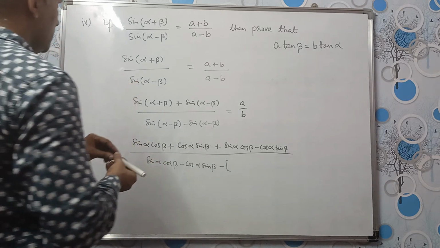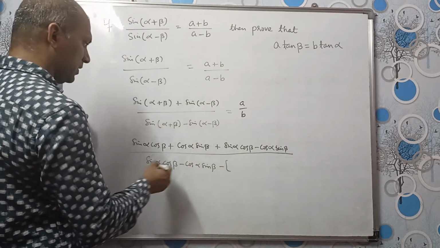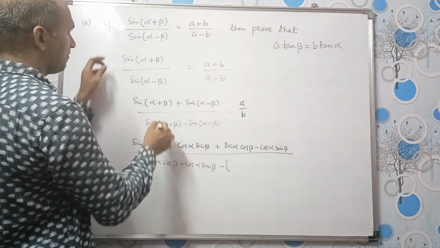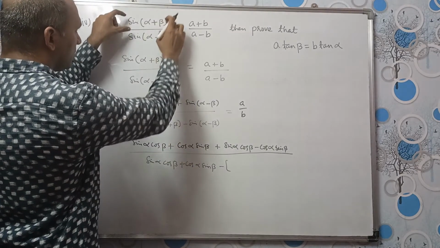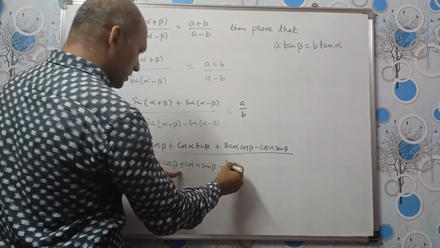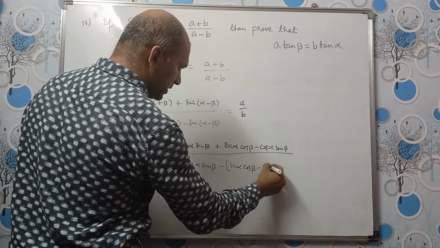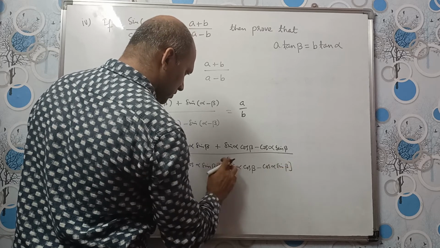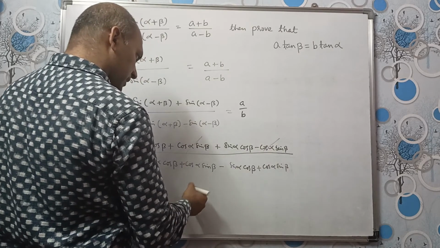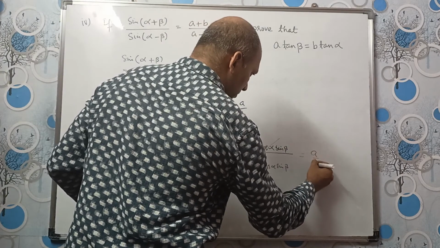What did I do here? One time plus, one time minus. So this should be plus actually. Yes, this should be plus. If you remove the brackets, this will be plus. So now these two terms will get cancelled in the numerator, and in the denominator these two terms get cancelled. This is equal to a by b.